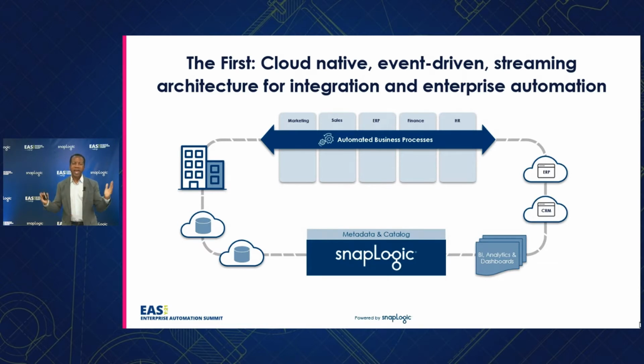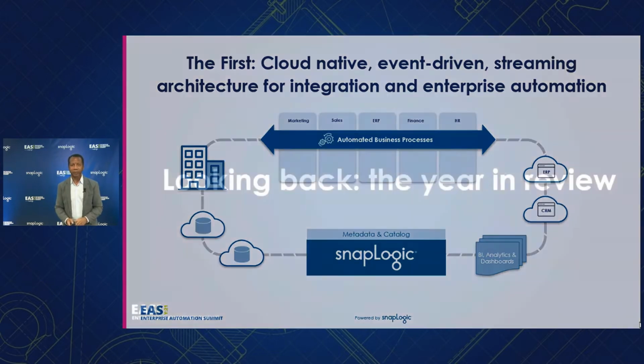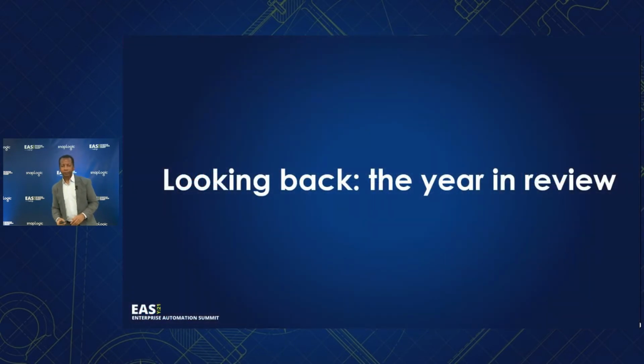And so that is how you're able to build the automated business processes. And guess what? We were the first to deliver such a technology, the event-driven AI native streaming architecture that enables all of the integration and automation capabilities that we've been talking about thus far. So that's a little bit about SnapLogic.